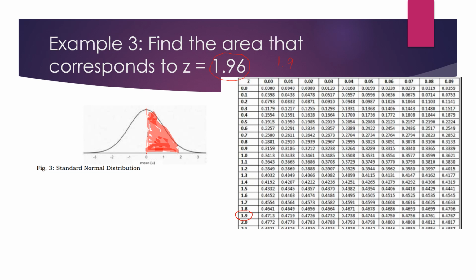And then its hundredths digit, 0.06, such that when we add 1.9 and 0.06, the result is 1.96. So 0.06 is at this part. Then after that, let us locate its intersection.